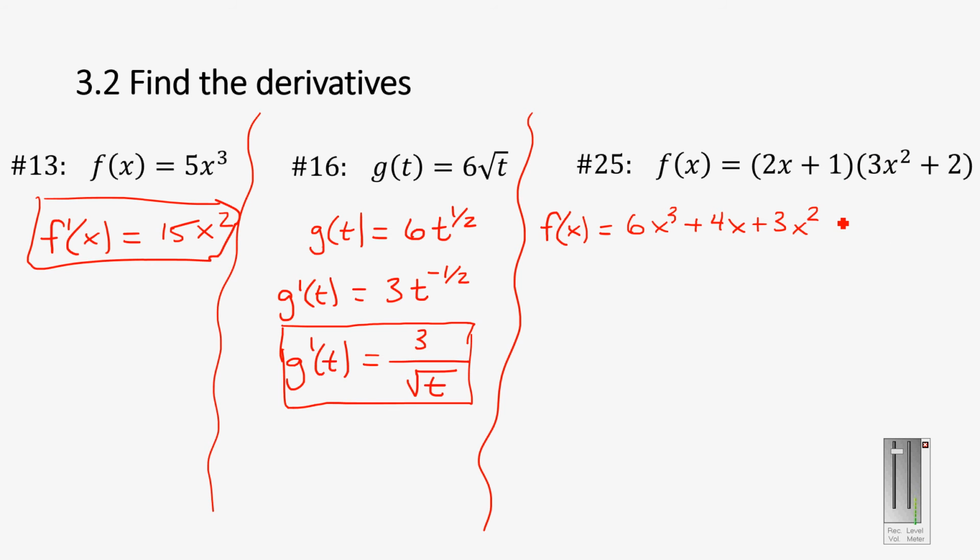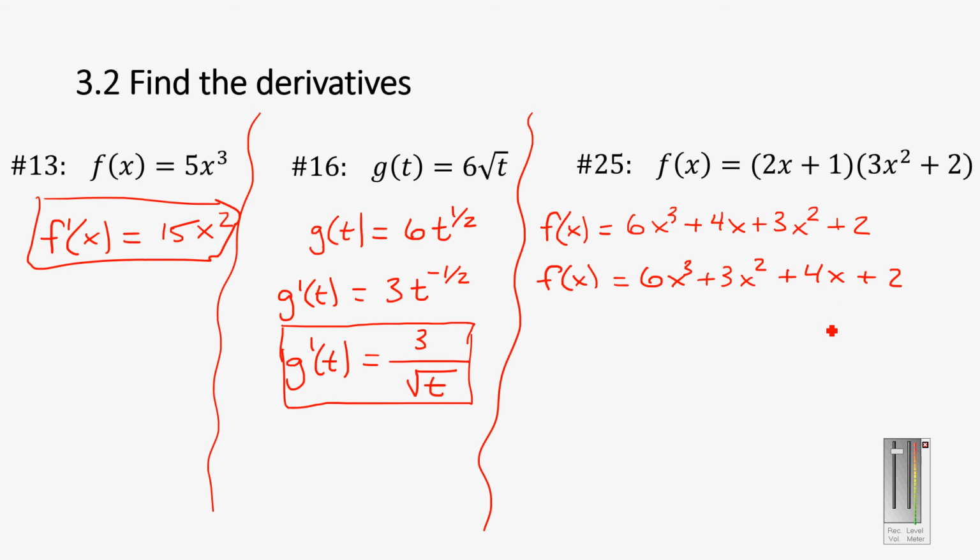And 2 times 1 is obviously 2. Then I would combine any like terms and reorder. I guess there's no like terms, but I'm going to reorder this: 6x cubed plus 3x squared plus 4x plus 2. That's my new function for number 25 that I want to take the derivative of.